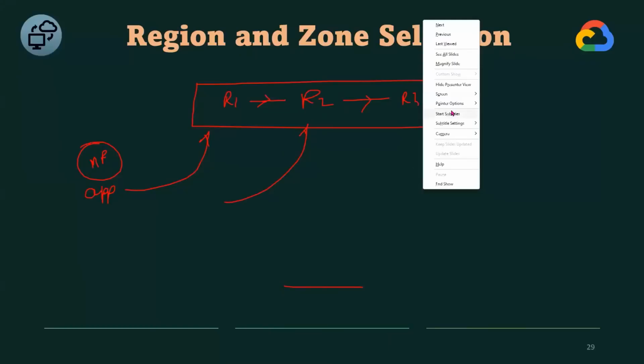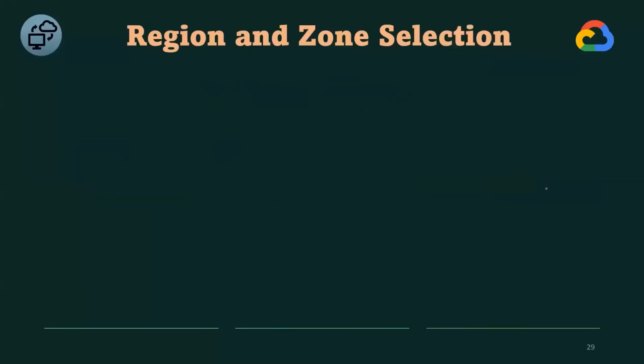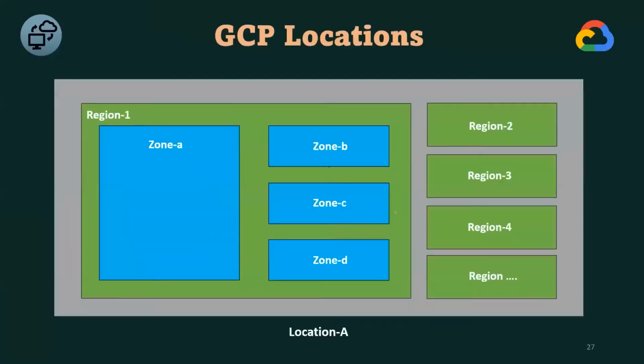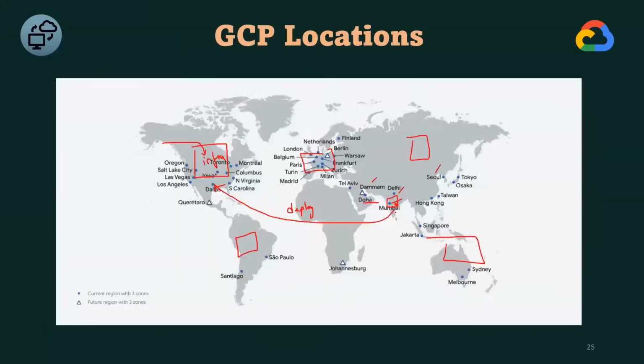Any question? Yes, please. Correct. No, not 112, it is 37 regions.